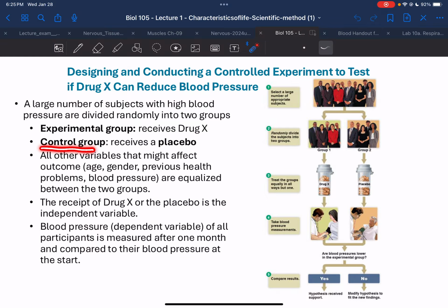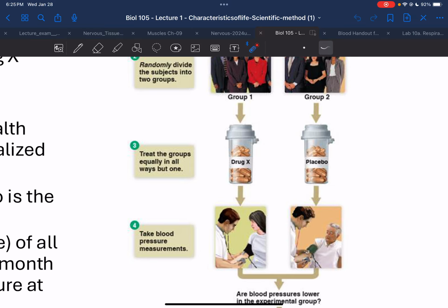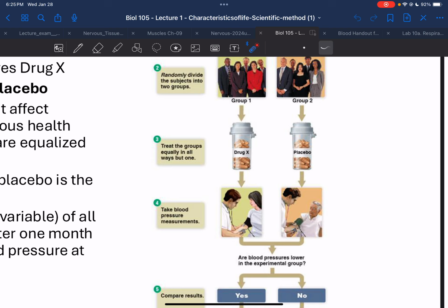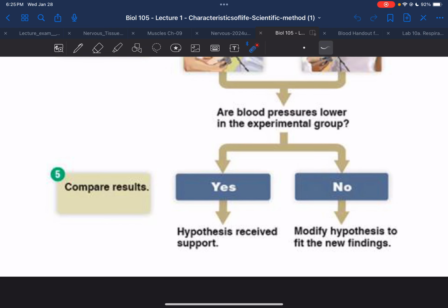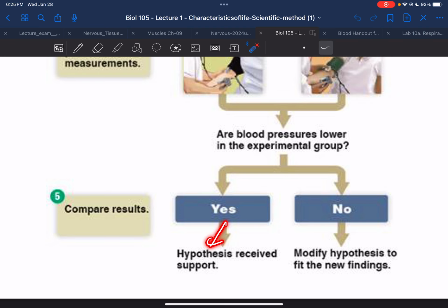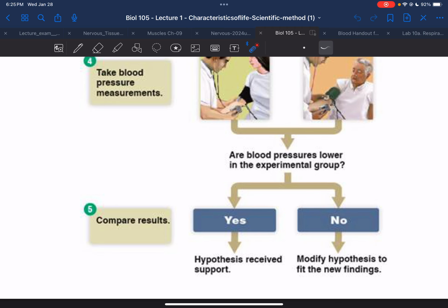And so that's where our control group comes into place. They are going to receive a placebo, which means a nothing, a fake drug. This is so that you can compare the results to each other. And this is an example of how you would support your hypothesis. You create a test, you create a control group, and then you show others that, see, it is my variable.